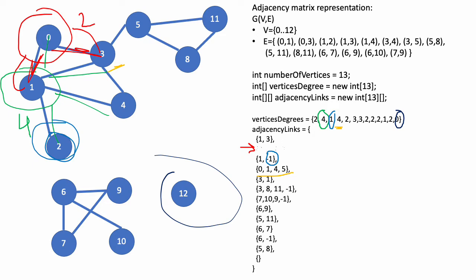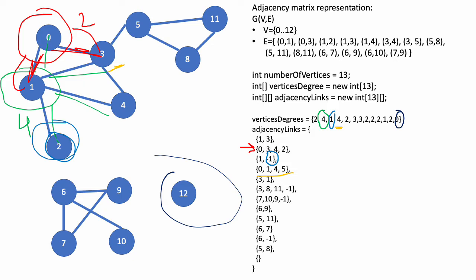Now, this may continue, and this way you will get all the links for each and every one of the vertices, and these are the adjacency arrays. Now, for 12, because there is no link, we keep an empty array by convention.